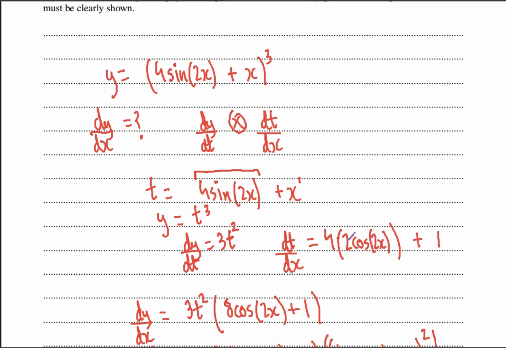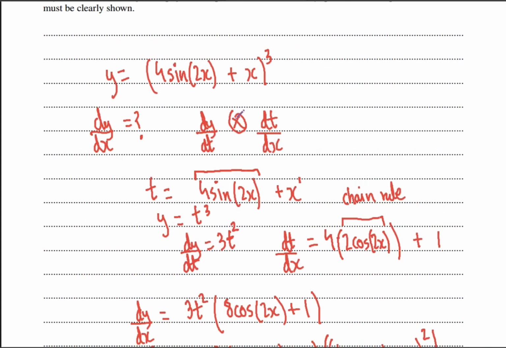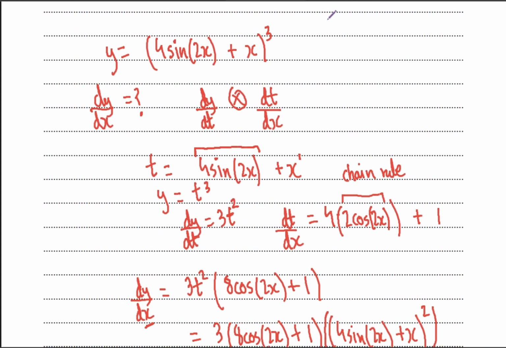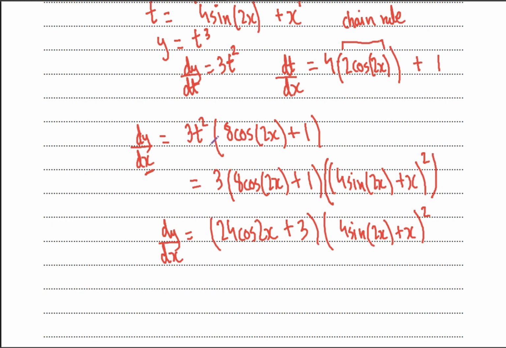And actually this 2 cos 2x is also the chain rule, because the way we found the derivative of this was we used the chain rule here as well. So what we've done is we have used the chain rule 2 times to find the derivative of y is equal to 4 sine 2x plus x, all cubed. So you can see how important the chain rule really is. And you can simplify this, and you're left with this.